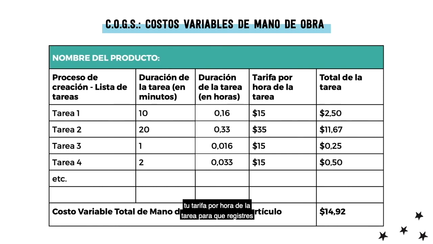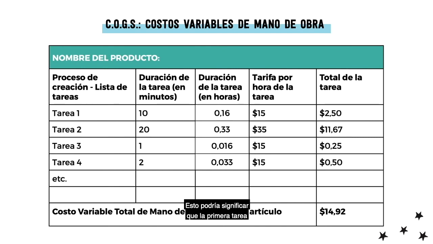Column number 4, your task hourly rate, is here for you to record how much it would cost you to hire someone per hour for this very specific task based on the level of skills needed for that task. As you can see in the example, these are obviously random numbers that I've just used because they're easy to remember, but we can see that task 1 has an hourly rate of $15 when task 2 has an hourly rate of $35.